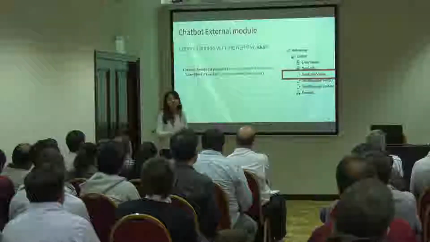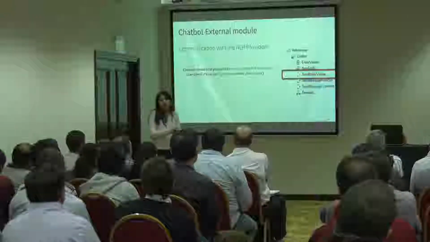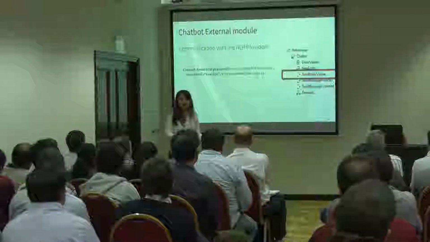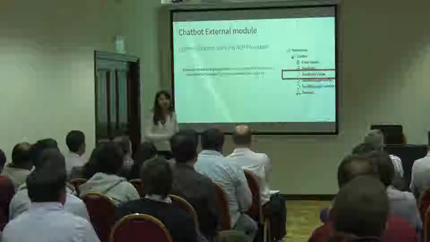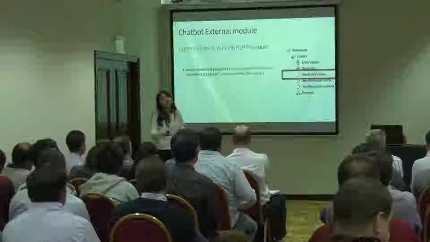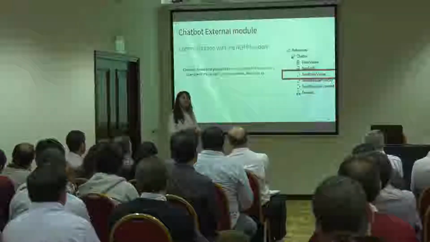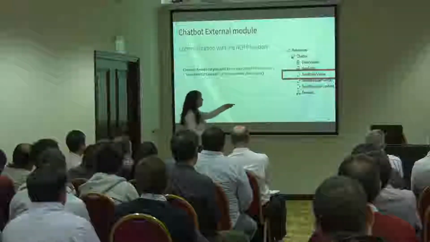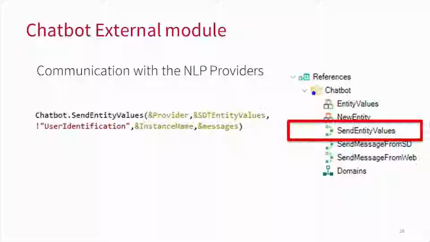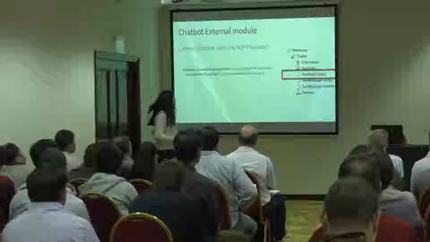Let's look at what an entity is. Basically, it's additional information that allows the provider to identify the intention of the user. It's groups of values with synonyms, and this information is inside the provider. So by this method, we can send to the provider values and synonyms of a certain entity.